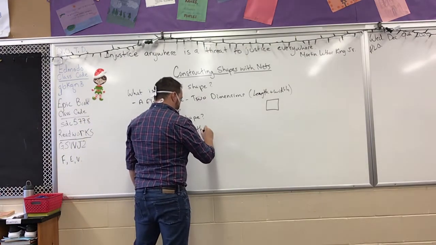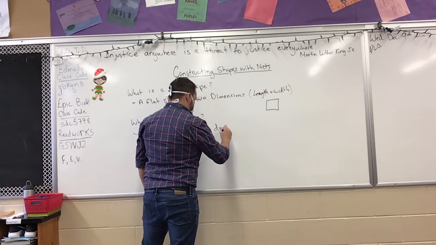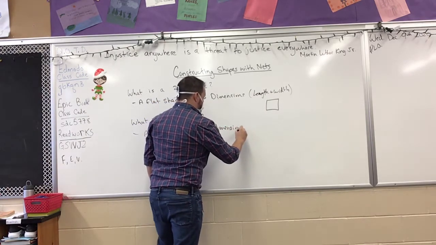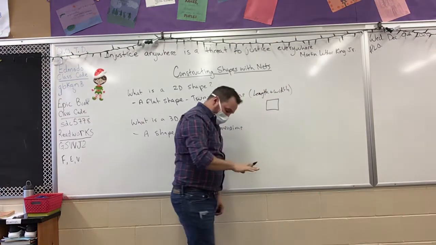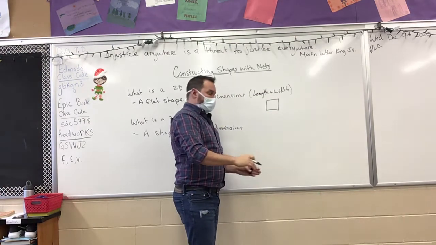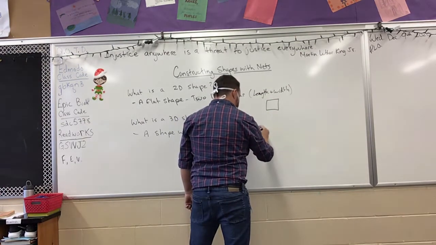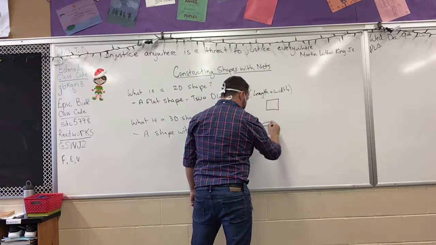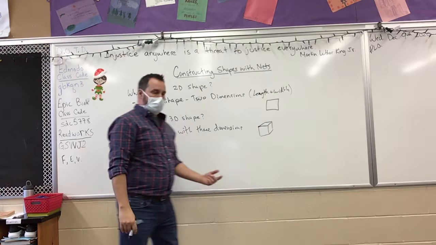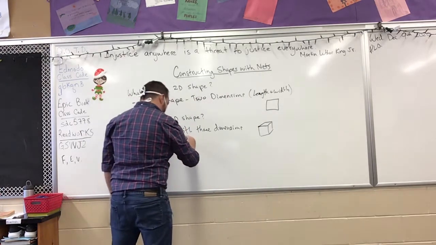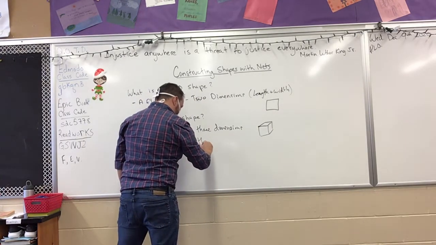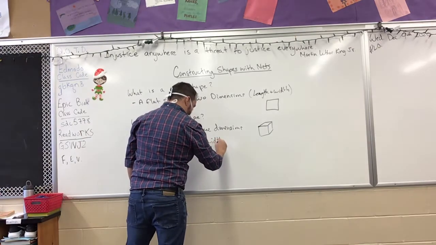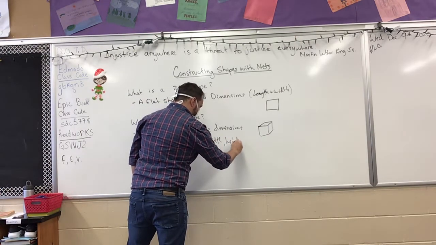With 3 dimensions. So rather than looking at something flat, like we're looking down and it's flat, right, our 3D shapes now start to have another component to them, right? So they start to look like this. Rather than just a length and a width, you now have a length, width, and a height.